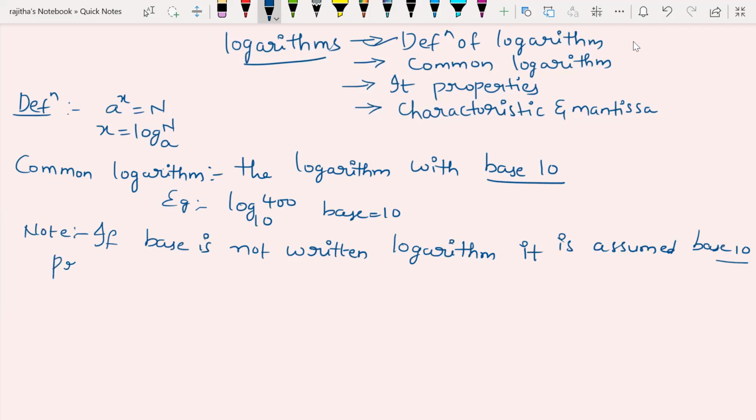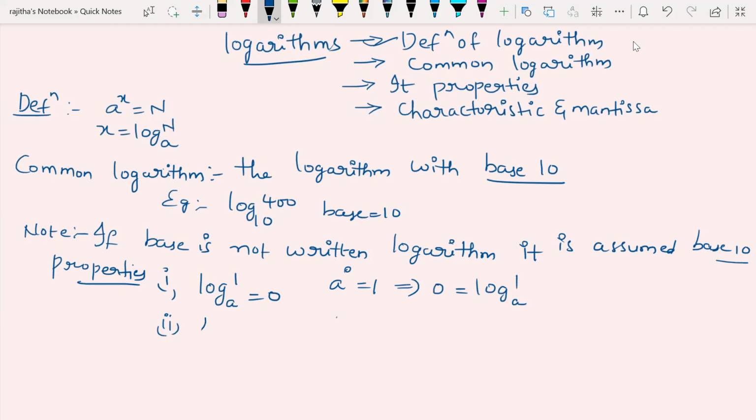First property, logarithm of 1 to any base is 0. Okay, a power 0 is equal to 1. That implies 0 can be written as logarithm of 1 to the base a. Similarly, next property, logarithm of ab is equal to logarithm of a plus logarithm of b.